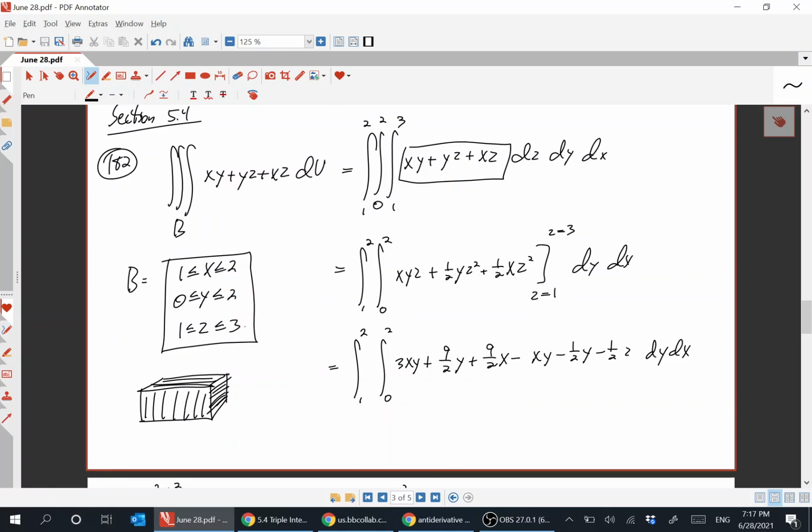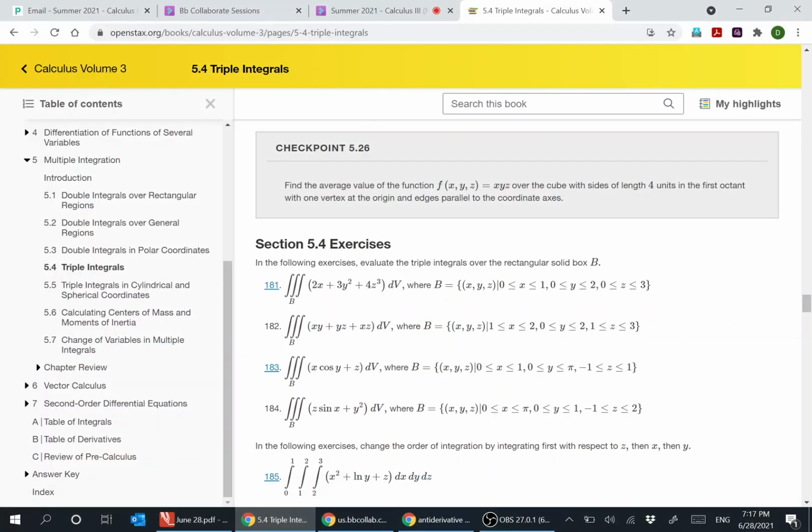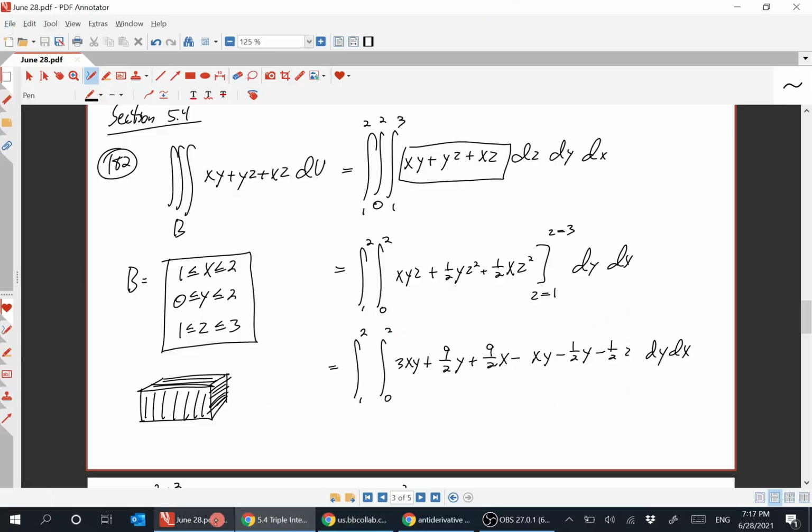Do we have this correct? 1 to 2, 0 to 2, 1 to 3. And this is dz, dy, dx. So xyz plus 1 half yz squared plus 1 half xz squared.